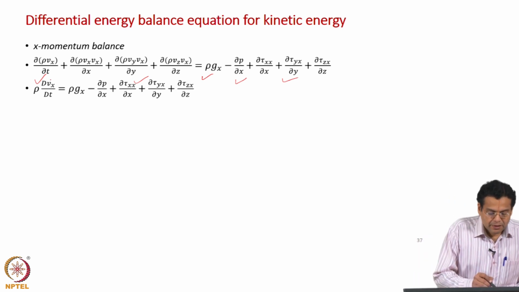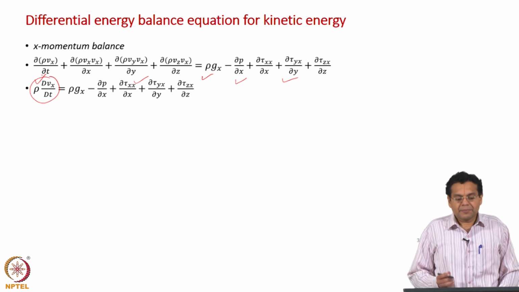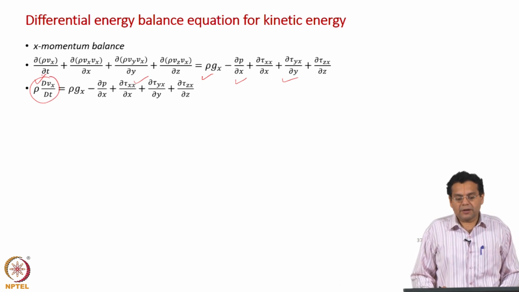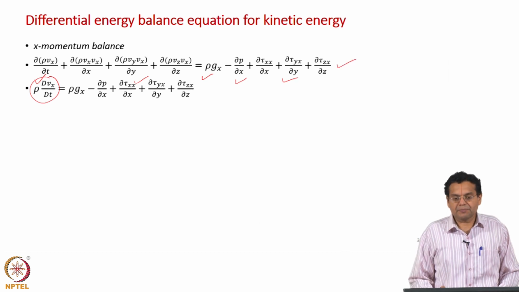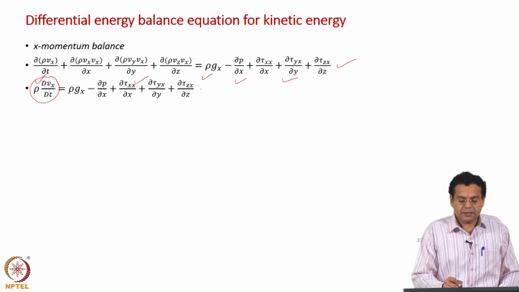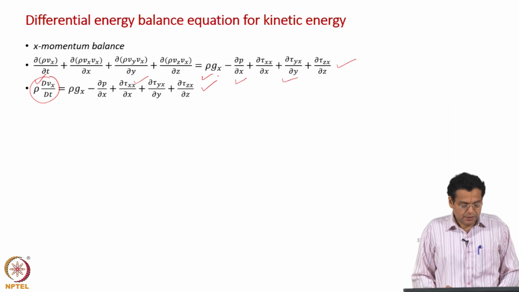So, we will express the left hand side in terms of the substantial derivative of velocity multiplied by density, which I have already done. The right hand side remains the same. So, this was the linear momentum balance equation from an Eulerian viewpoint, and this is from a Lagrangian viewpoint.